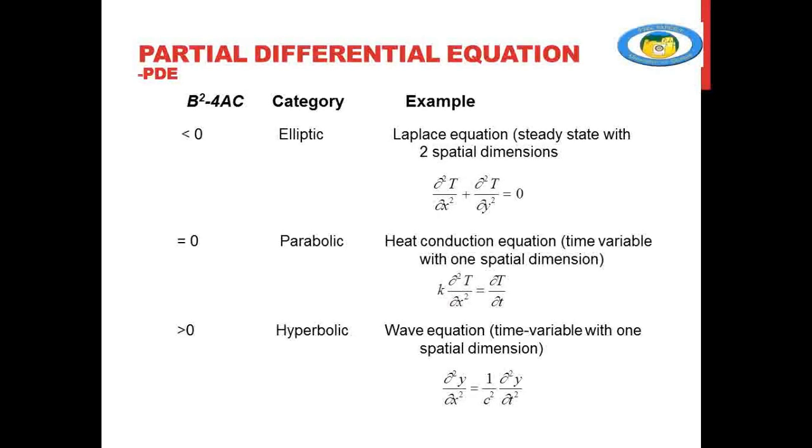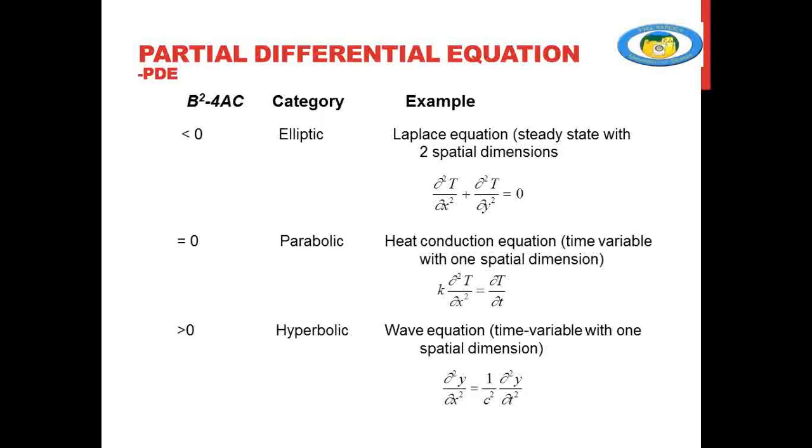Whereas the diffusion equation, with one time variable and one spatial dimension, is parabolic, because b squared minus 4ac is equal to 0 in this case.